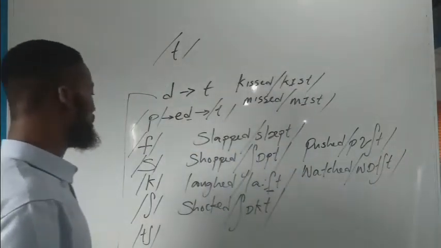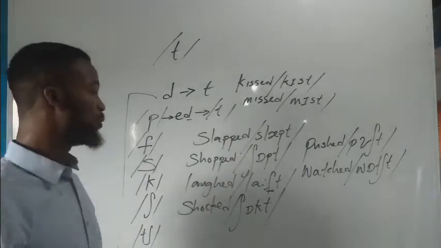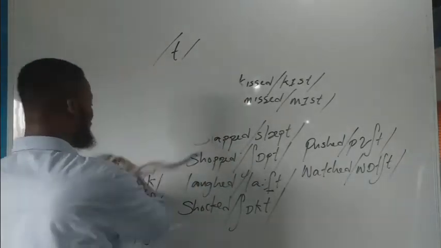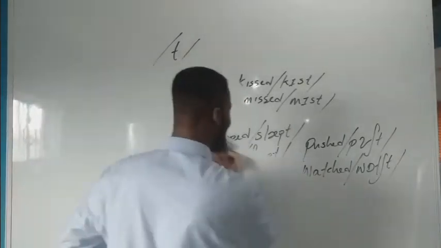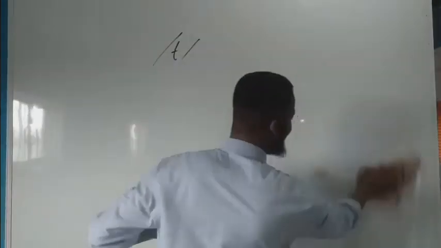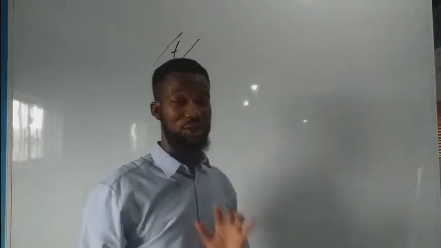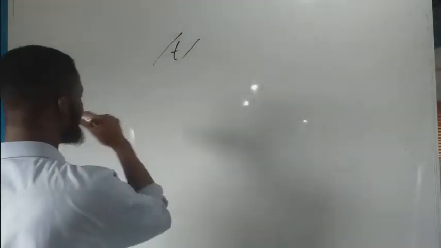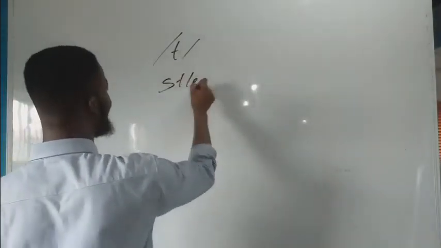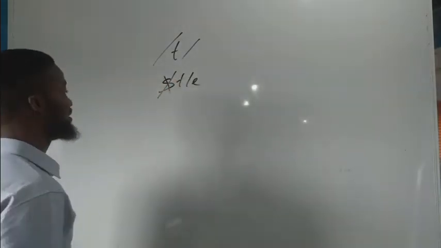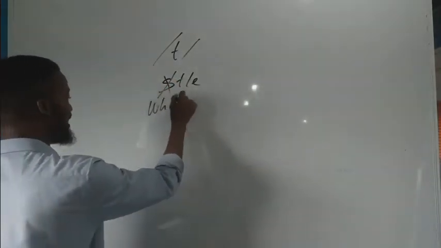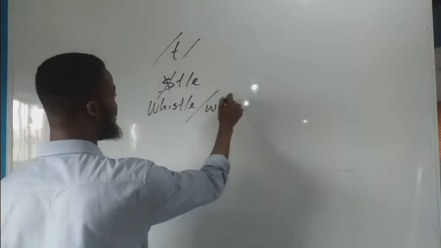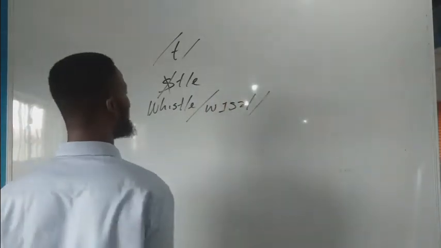So you realize that we have D that can turn to T. Let's also look at the fact that T is silent in words. T is really silent in many words. It's really confusing. You just have to pay attention. Look at any word that has STLE, you're likely to have the T silent. In WHISTLE, this word is pronounced as whissle.